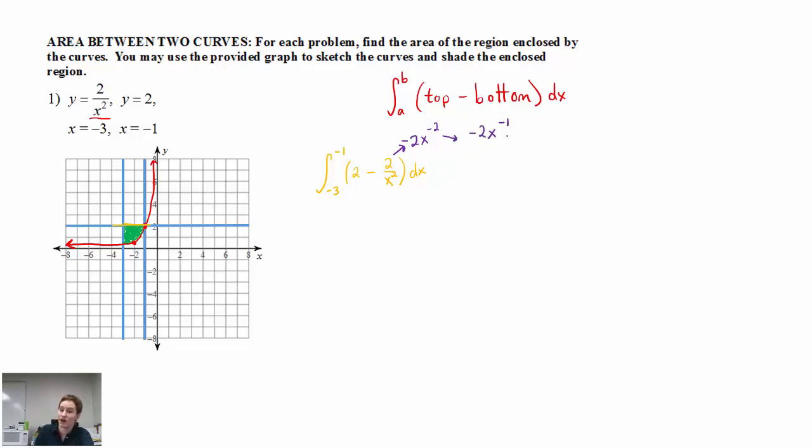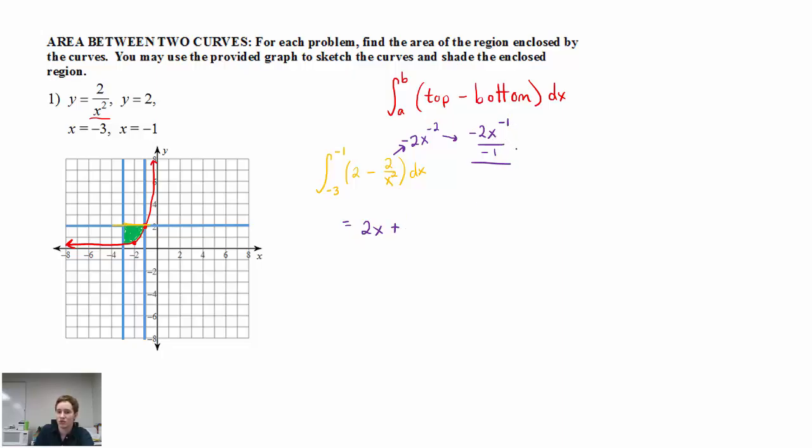Make sure when you add a power to a negative that you realize it gets less negative, not more negative. And then we have to divide by our exponent, which is -1. So that's going to give us, for our next step, the integral of 2 is 2x. The integral of -2 over x squared is this right here, but we're going to simplify the negatives, which gives us a plus in between.